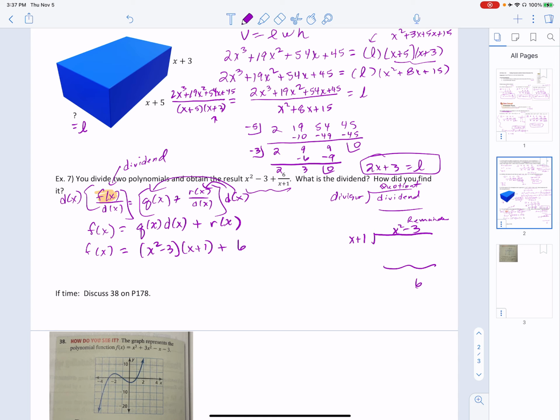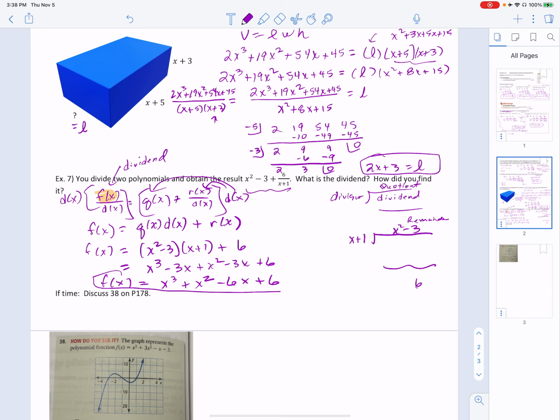And so now you just need to do the multiplication, and my f of x is x cubed plus x squared minus 6x plus 6.